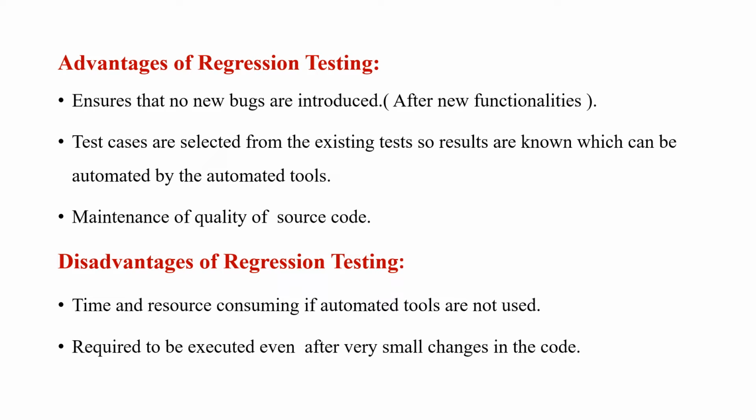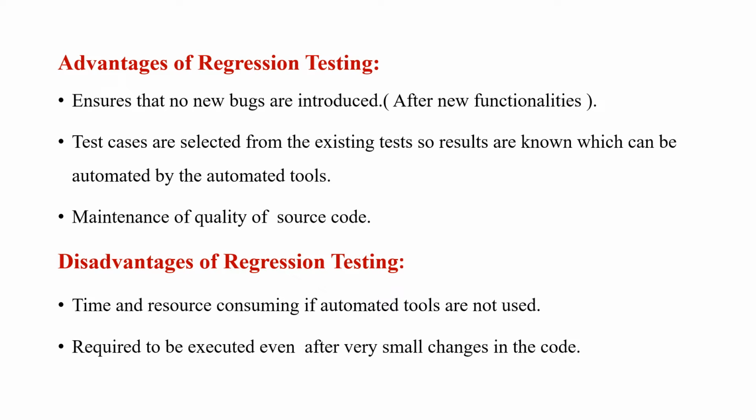The second advantage is the test cases are selected from the existing tests, so results are known, which means it can be automated by using automated tools. Because we are taking the test cases from the existing tests, we will have the results, and because we have the results, we can automate it using automated tools. The last advantage is maintenance of quality of the source code. We'll be maintaining the quality of the source code in regression testing.